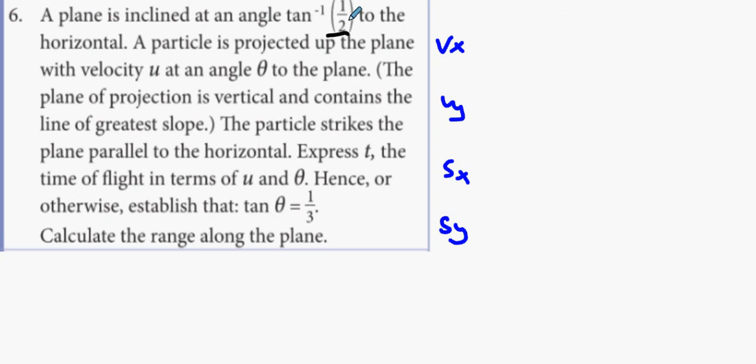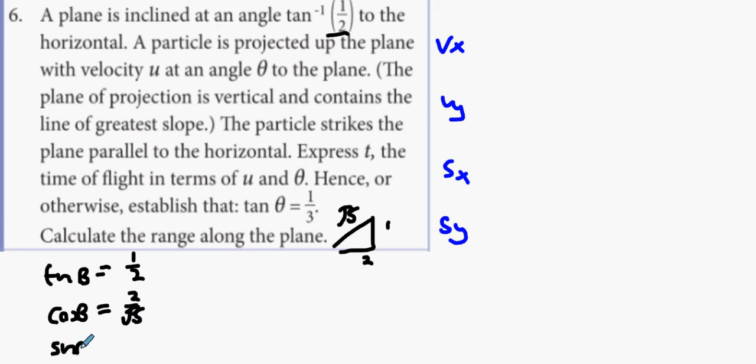So, I think tan beta equals a half. This means cos beta, we're talking about a 1, 2, root 5 triangle, so cos beta is 2 over root 5.